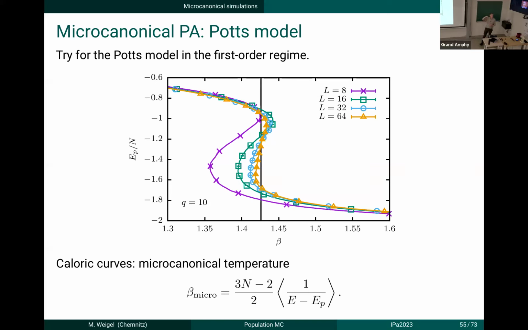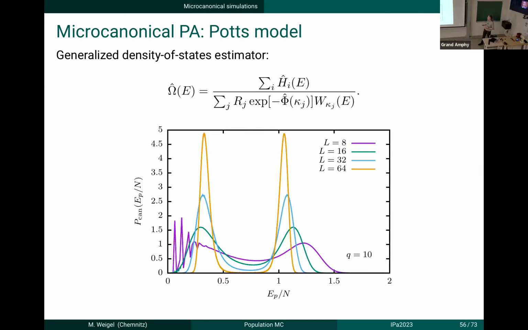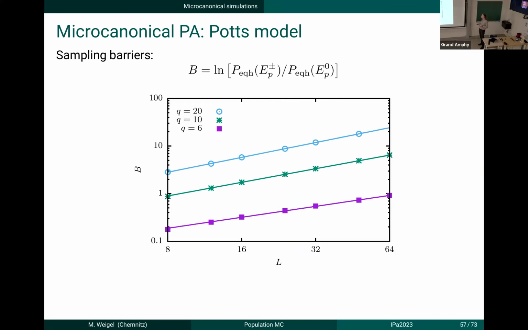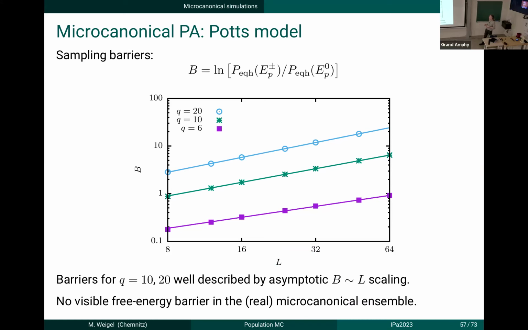You have this maximum energy that you allow, that you slowly reduce down to the ground state essentially. And for that, you can easily look at something like a Potts system or anything else with a strong first order transition, and then get back to the canonical ensemble and use reweighting in the usual way, for example, to look at the sampling barriers and so on and so forth.